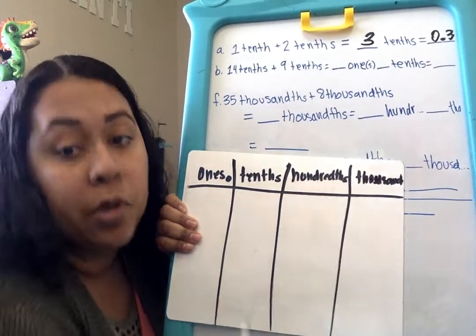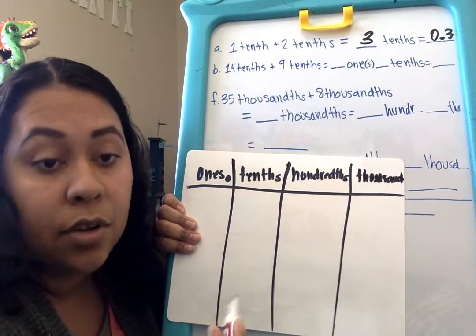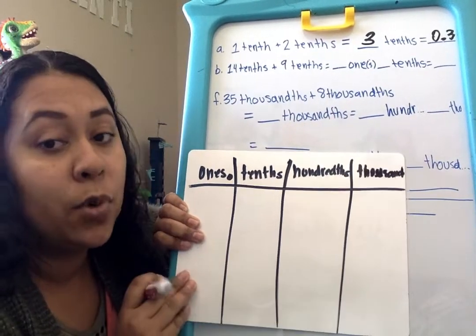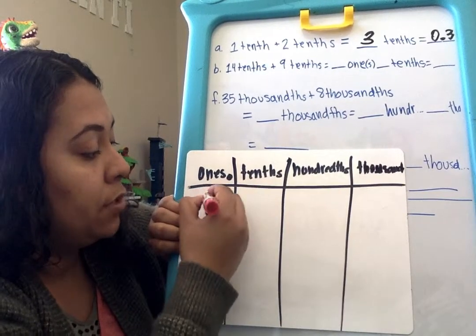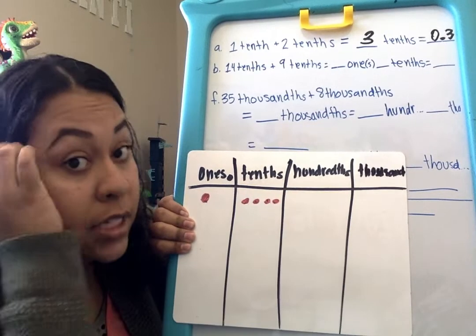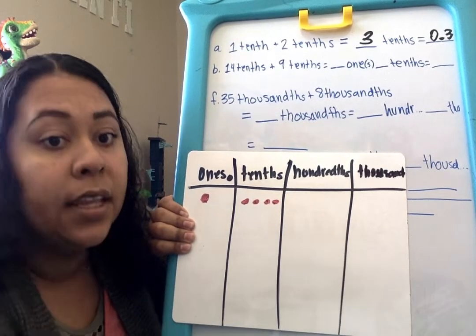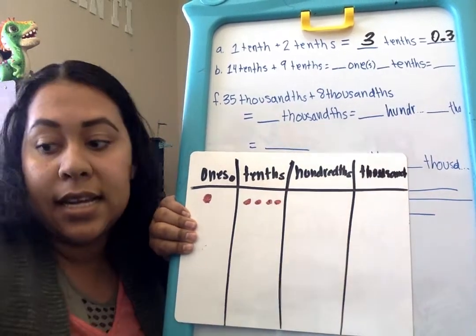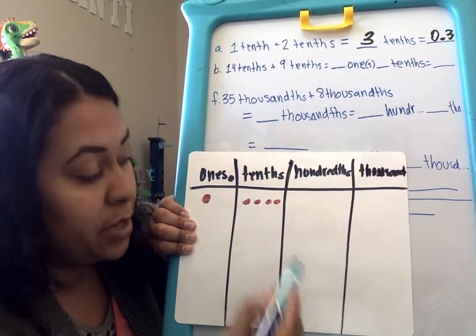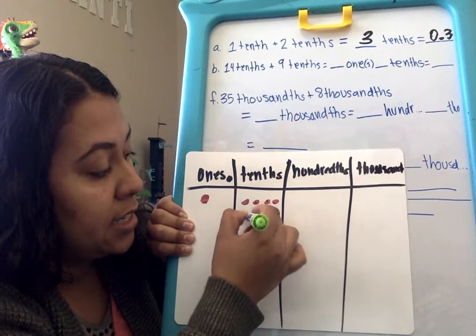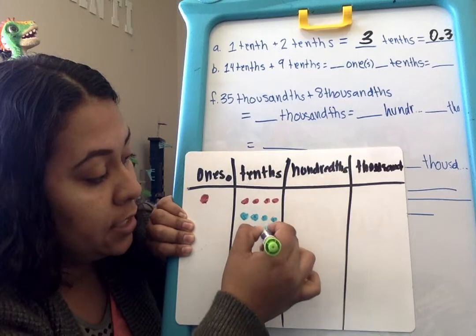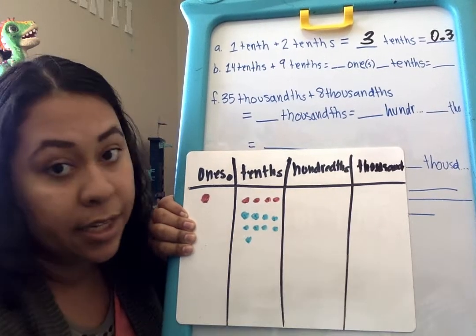So here's what I'm going to do. 14/10. I know that 10/10 is equal to 1 whole. So if I have 14/10, that would give us 1 one and then 4 more tenths over here, okay? So then we're going to add to that 9/10. So now with my different color of place value discs, I'm going to add 9/10 more. 1, 2, 3, 4, 5, 6, 7, 8, 9.